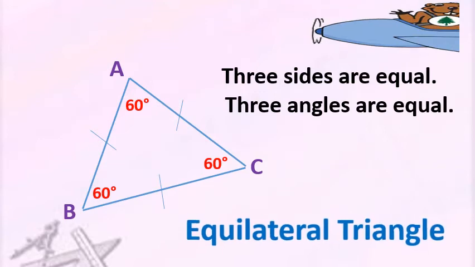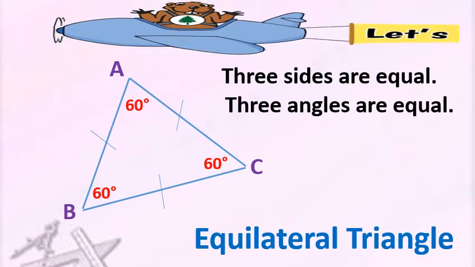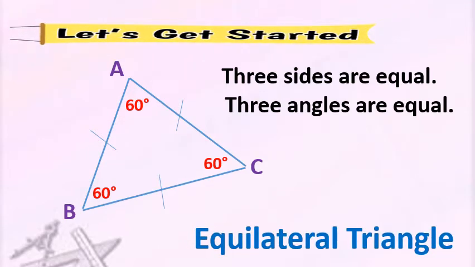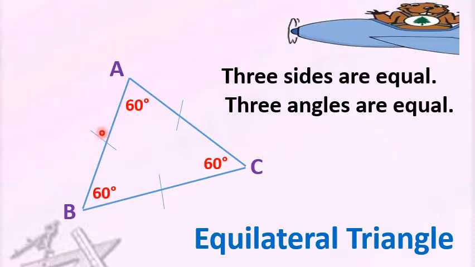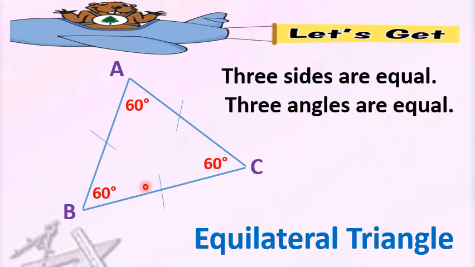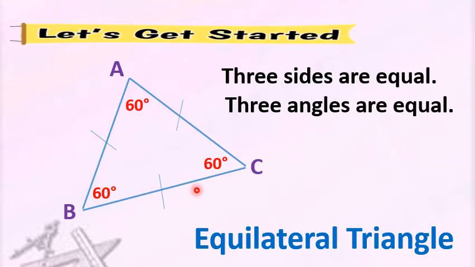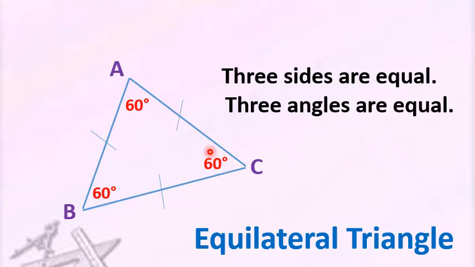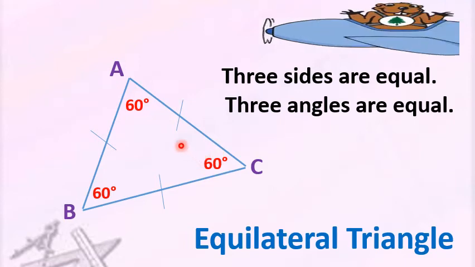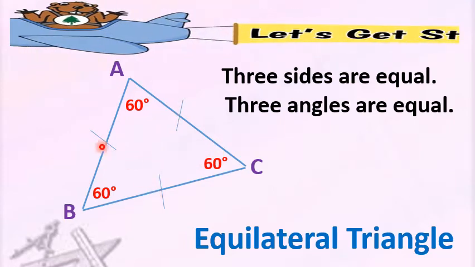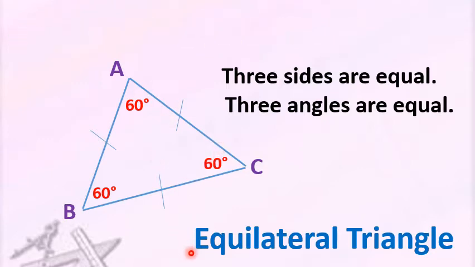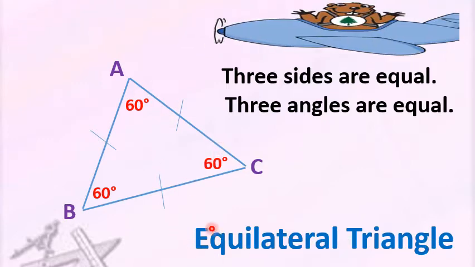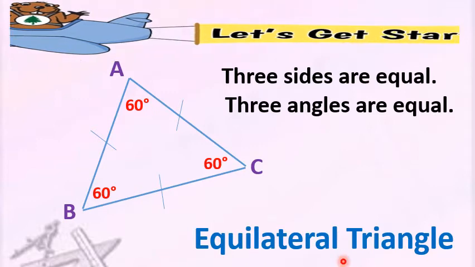We call this triangle an equilateral triangle. In equilateral triangles, each angle should be 60 degrees. Whenever you have a triangle with three equal sides and three equal angles, we call it an equilateral triangle, from the word equal.